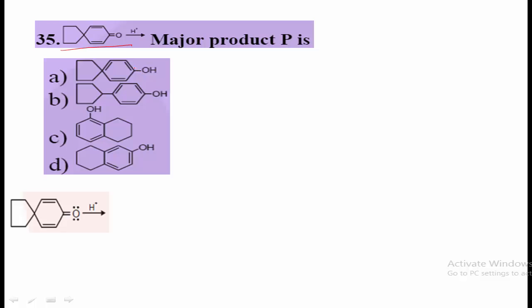Upon addition of H plus, it gives OH, and then the delocalization will take place. Here O will attract the pi electrons, and thus these pi electrons get delocalized and it becomes OH, and after that the double bonds come here, it becomes OH, and here the positive charge is placed.